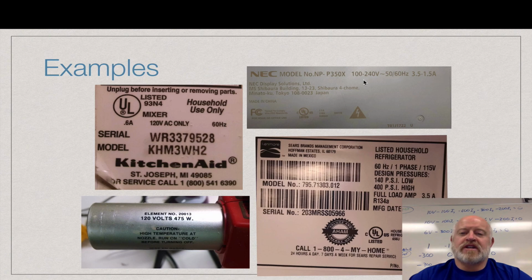So whatever this is, it can run lots of different things. Down here, we have a refrigerator running at 60 hertz only. We need 110 volts. So you're looking at all of the different things in your house or your shop or your garage, they're rated to a certain amount of volts, a certain amount of current flow, and a certain amount of power. And those things have to align for them to work properly.